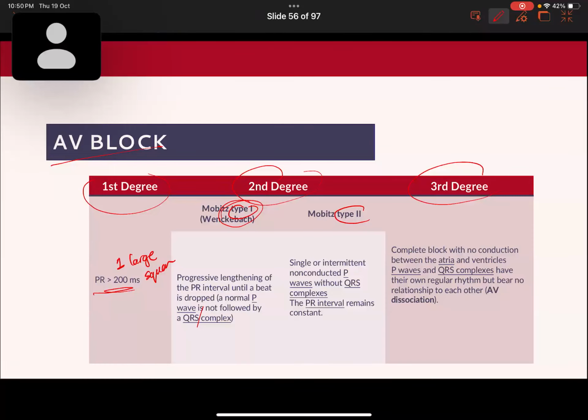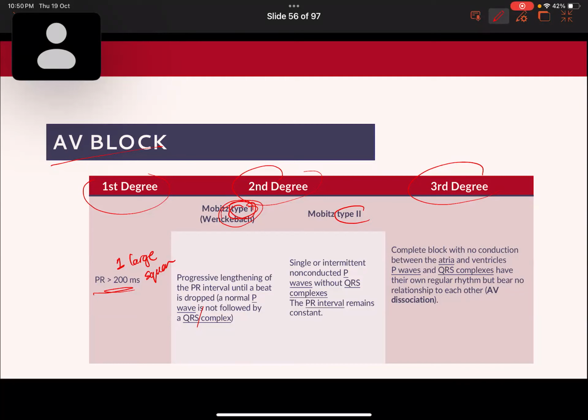So you have a normal P wave, but no QRS complex, meaning that the AV node is not conducting this electricity to the ventricles. And that is why you do not have a QRS complex or ventricular depolarization. But this is Mobitz type 1, second degree.